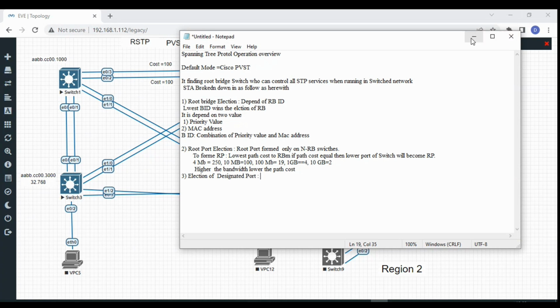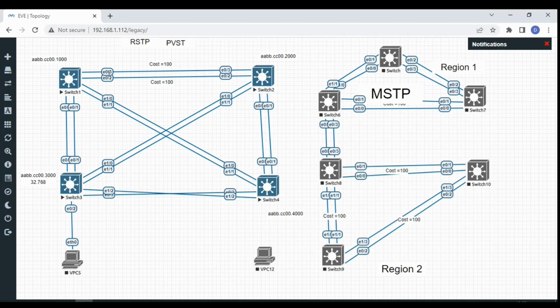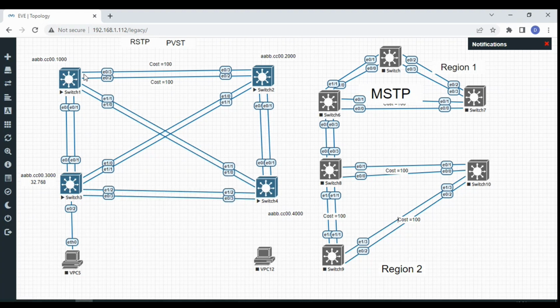If you see in this design, each segment is nothing but the physical link connected between the switches, like switch 1 and switch 2, switch 2 and switch 4, and switch 4 and switch 3, vice versa. So we have many segments.